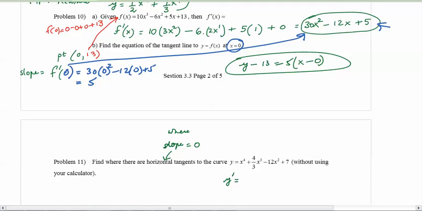Y prime is going to be, we know this, or if we've forgotten, we can use the power rule. The 4 comes down in front, subtract 1 from the exponent. Now I have a constant multiplier, so that 4/3, I don't do anything with it. I leave it just where it was and just differentiate my x cubed. And then again, you can use either the starburst or you can use the power rule now if that's easier.